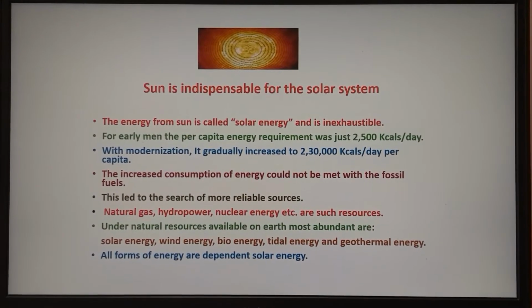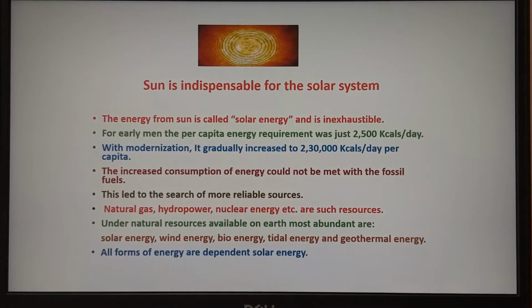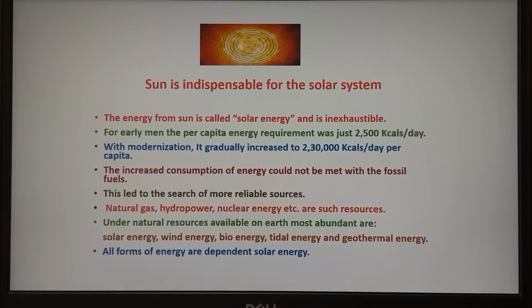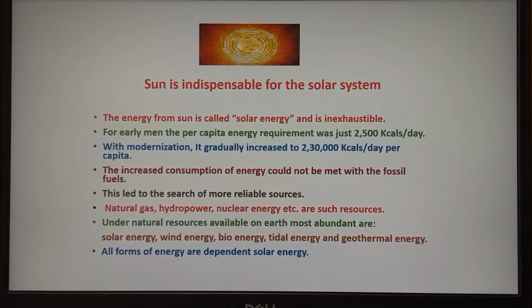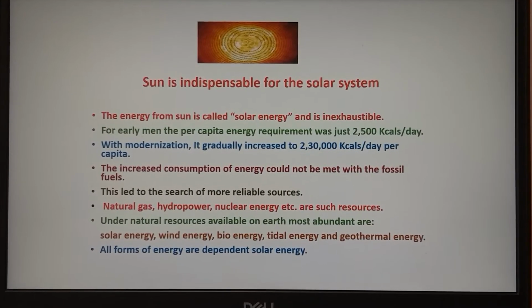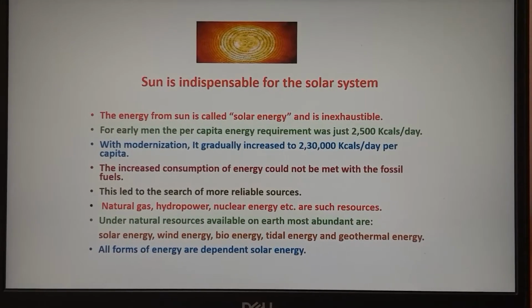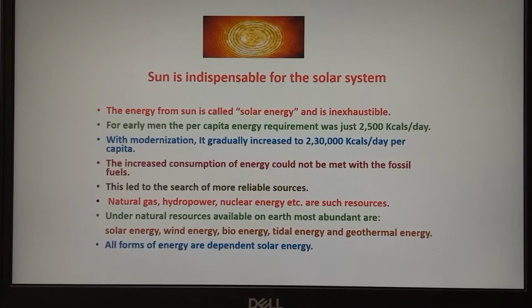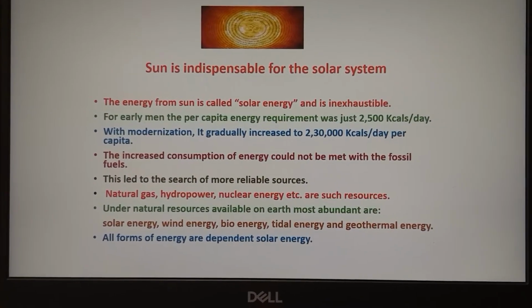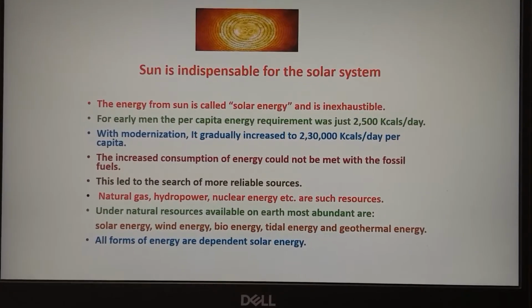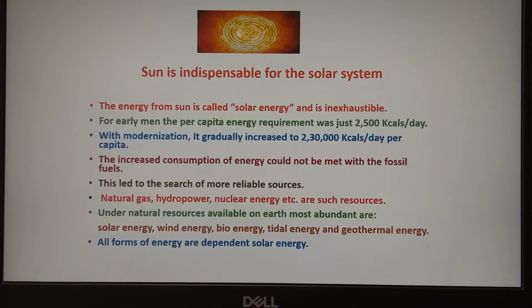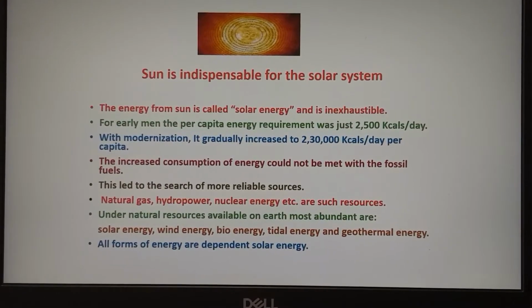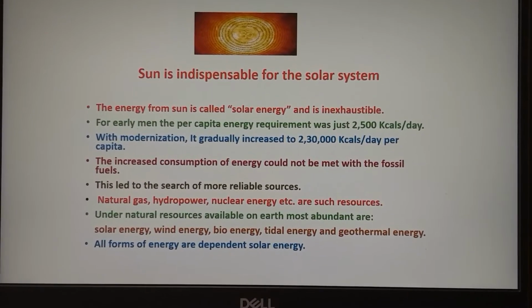The early man's per capita energy requirement was very less, just 2500 kilocalories per day. But with modernization and urbanization, this need increased to a very high level, almost 2,30,000 kilocalories per day per capita.